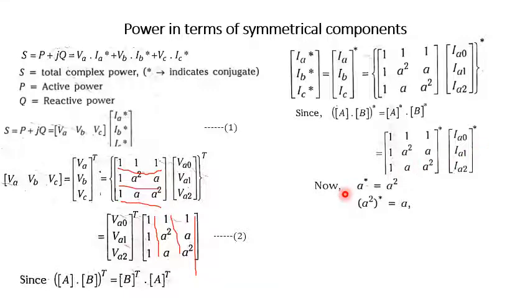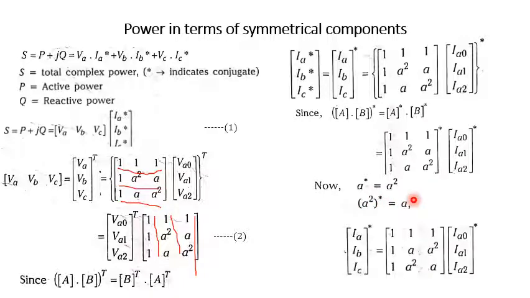We know that the transpose of a can be written as a², so the conjugate of a² will become a. By using these things we can write it by rearranging IA, IB and IC. Here we are transposing this matrix, so the conjugate of the matrix will become [1 1 1; 1 a² a; 1 a a²].